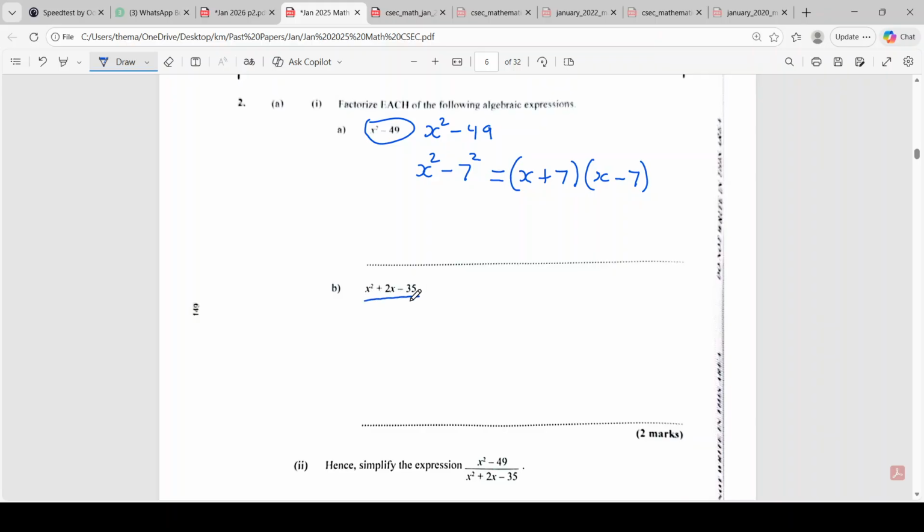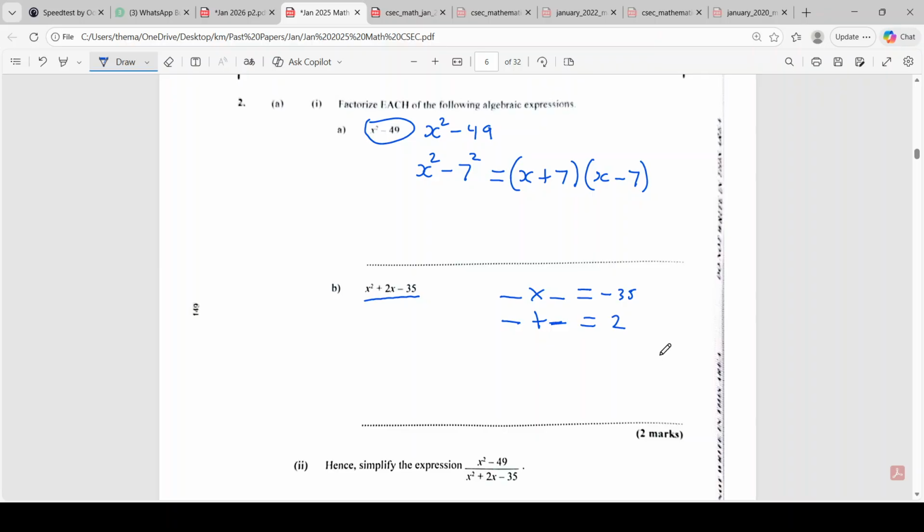Part B here, this is a quadratic expression. We have x squared plus 2x minus 35. So here we would use two numbers that multiply to give AC. A is 1 and C is negative 35, so 1 by negative 35 is negative 35. And the same two numbers, when they add, give me b. b is 2.